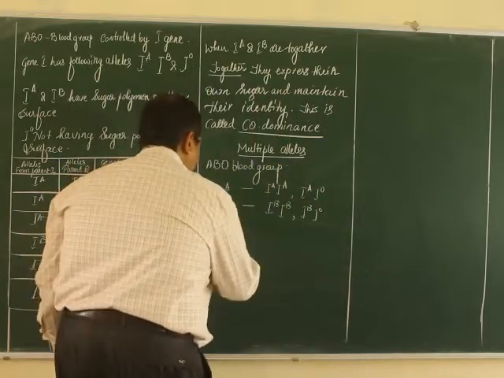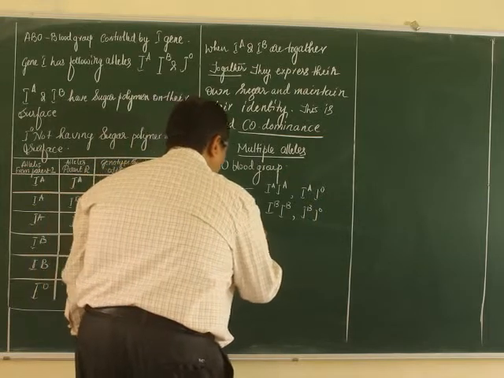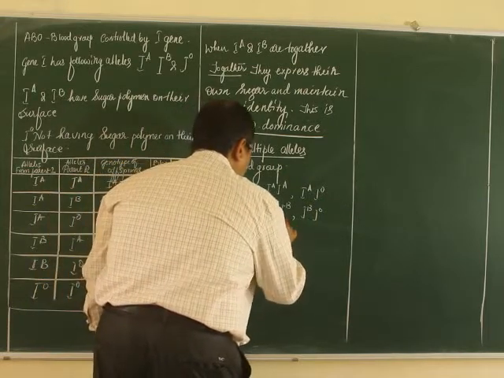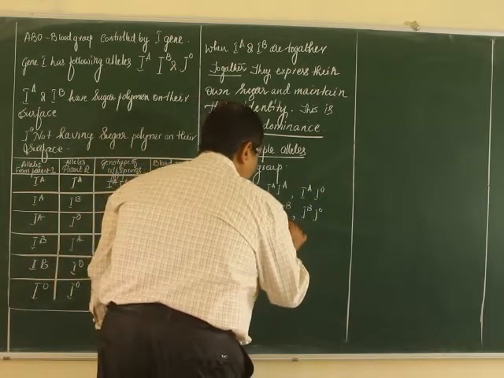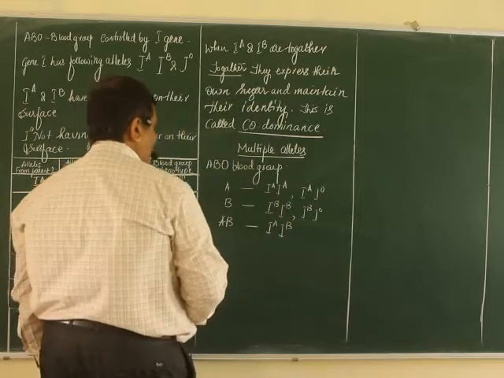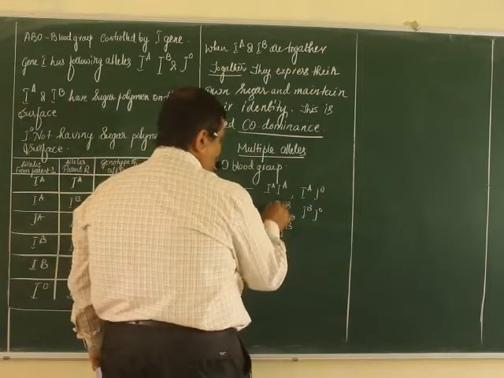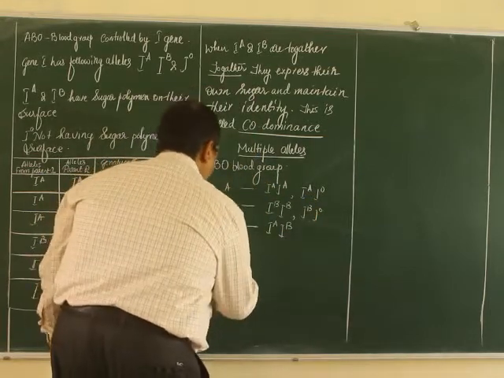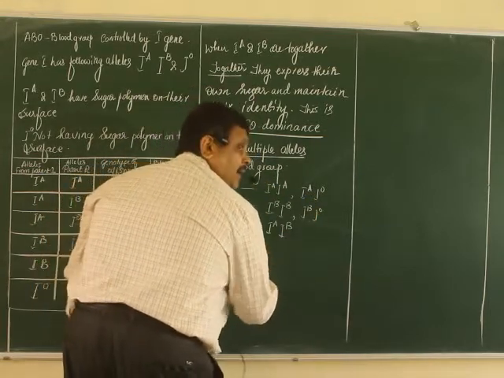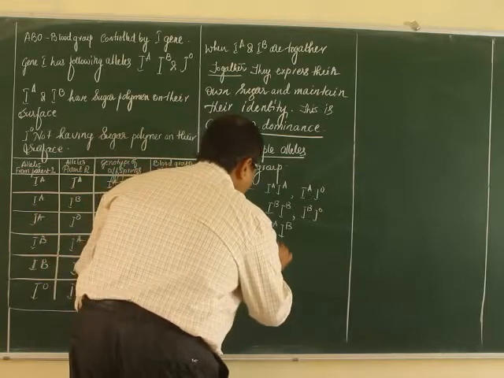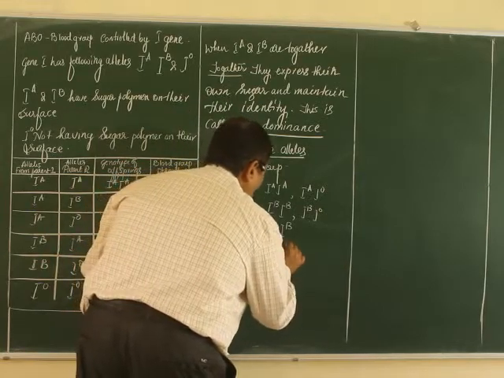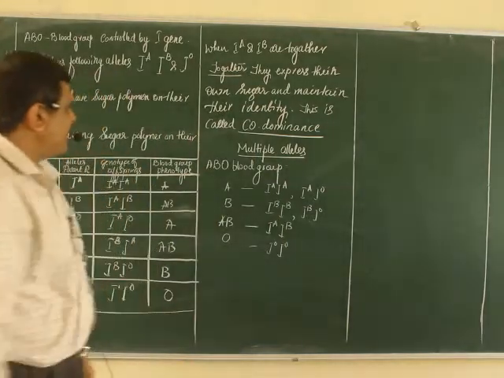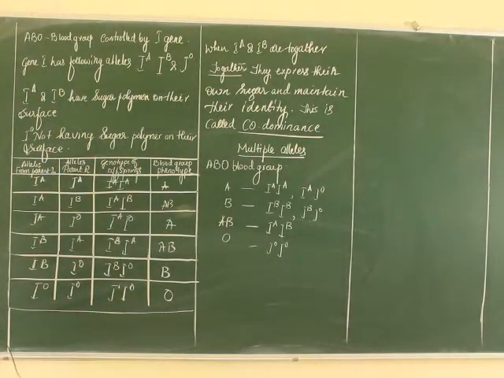Then AB will be IAIB, only one genotype. The first two are homozygous condition, these two are heterozygous condition, and for O, the genotype will be IOIO. This is homozygous expression.